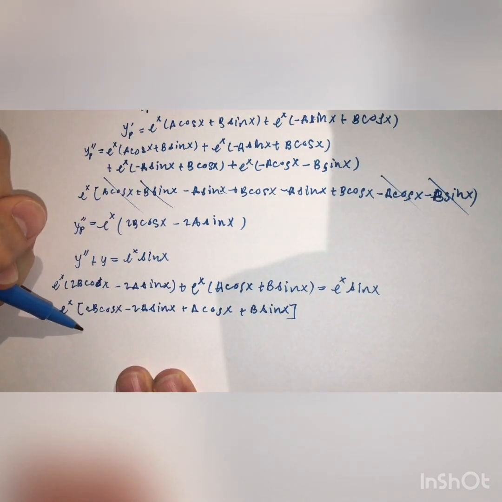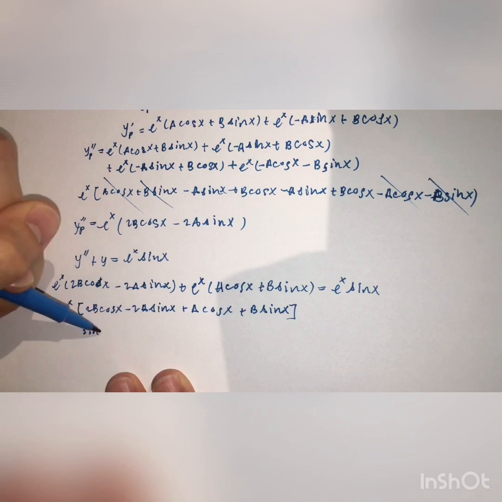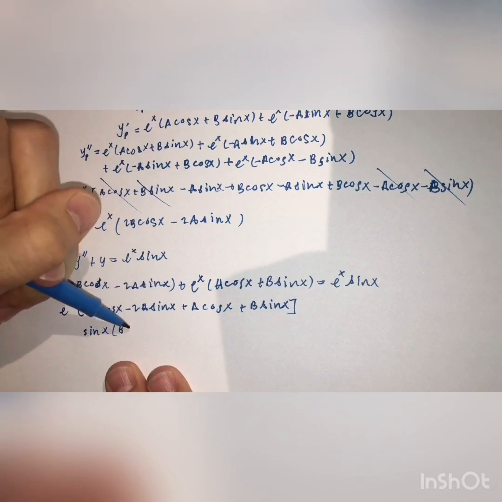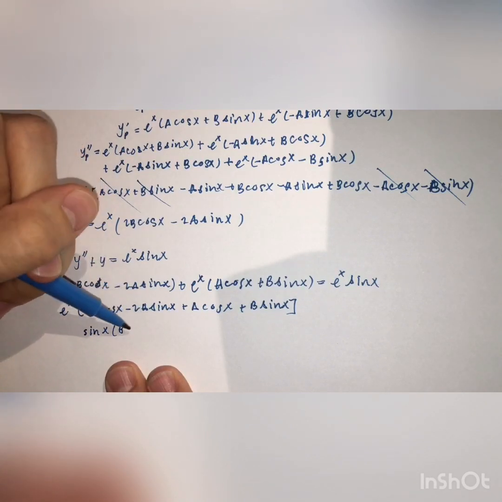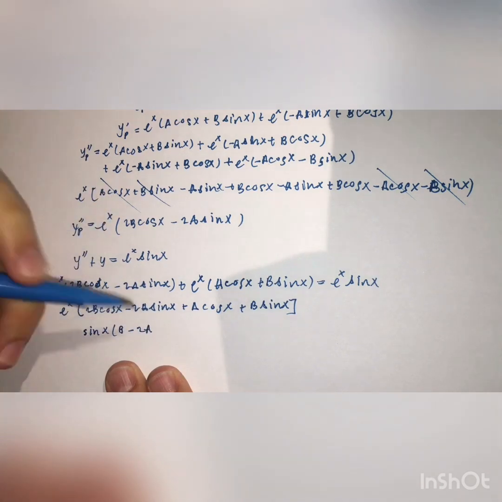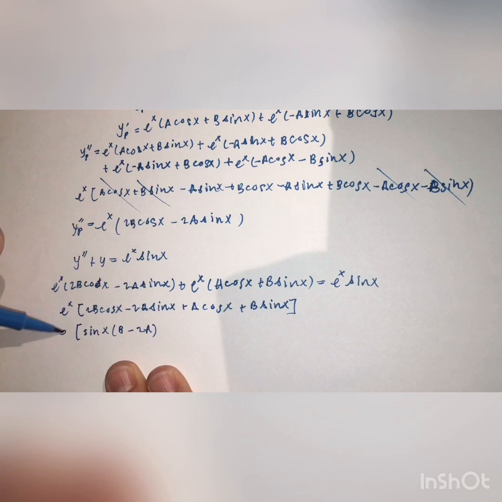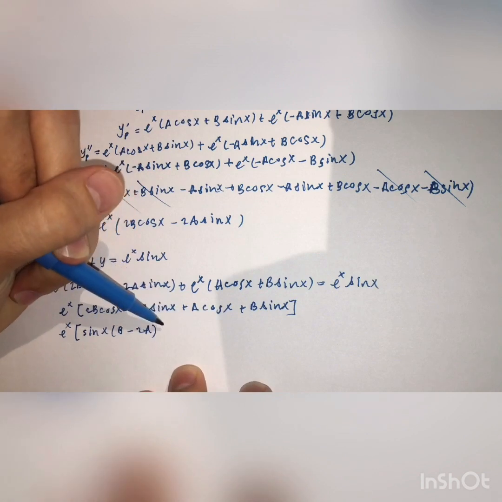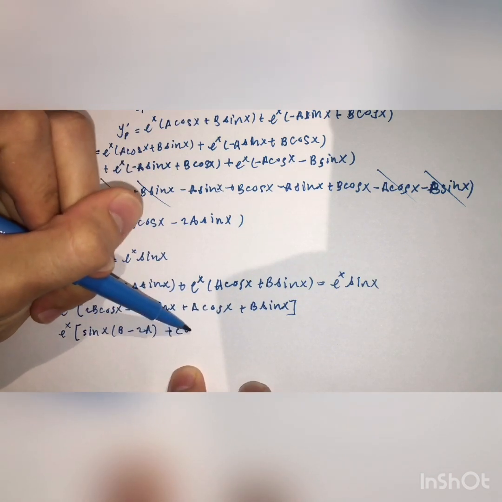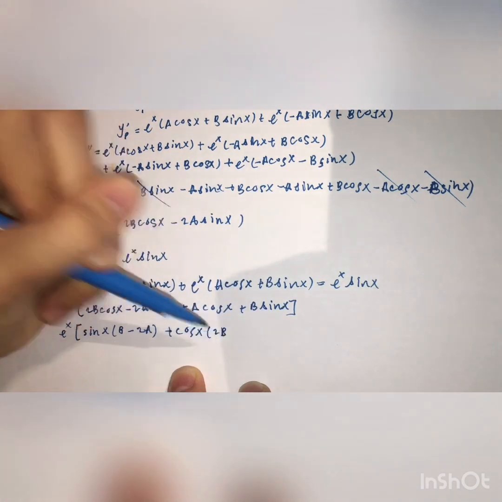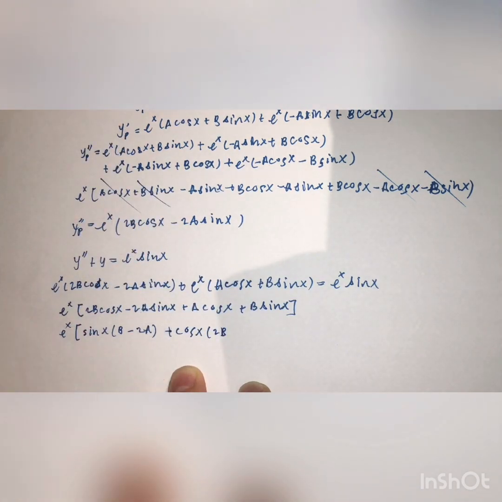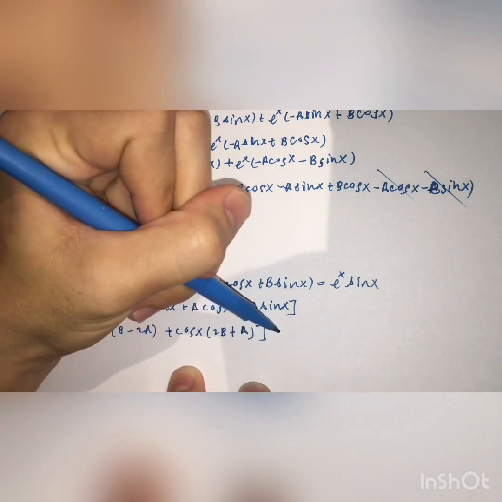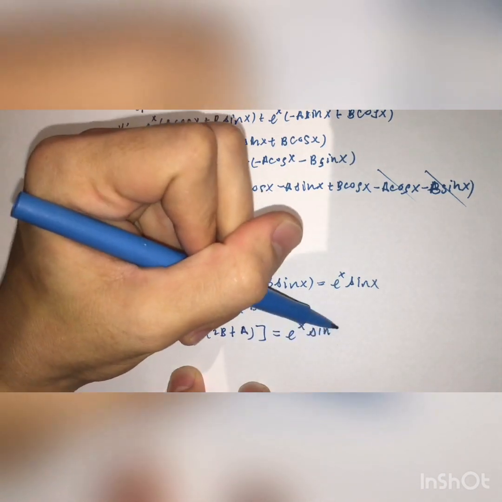So we have sine of x, b minus 2a, then if I factor out a cosine of x here, I'll have 2b plus a, equals e to the x sine of x.